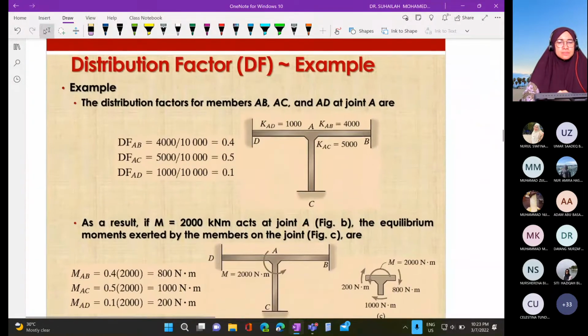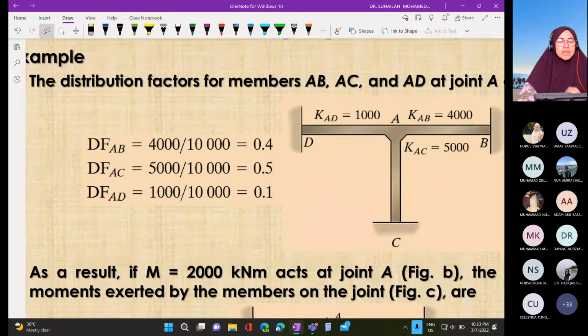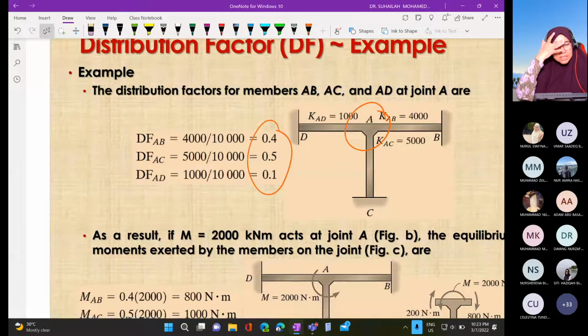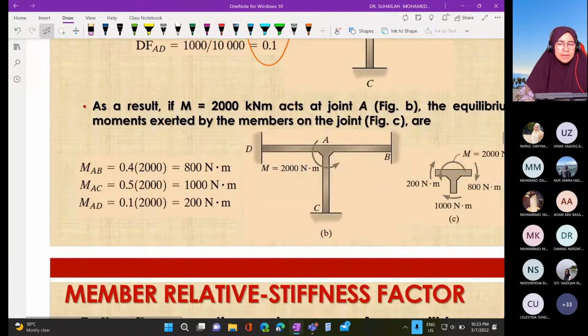So DF AB, AB is 4,000 divided by 10,000, which gives 0.4, then 0.5 and then 0.1. The total equals 1. So this is the basic calculation of the distribution factor. Quite straightforward, very simple.